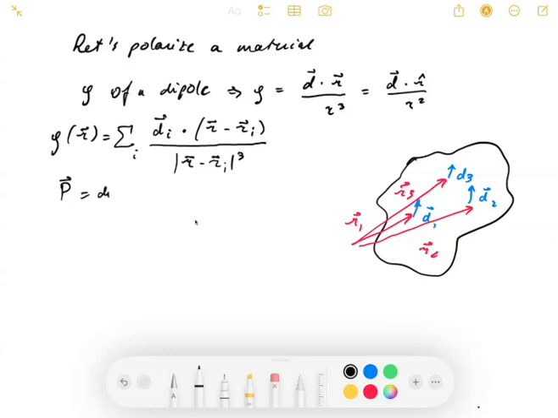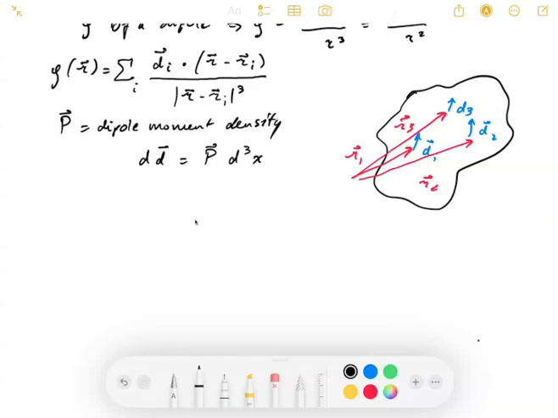This is the dipole moment density, such that when we have an infinitesimal dipole moment, we can relate that to the density by simply taking P and integrating that over the volume. So then we can write our sum as an integral instead. So then this becomes an integral.